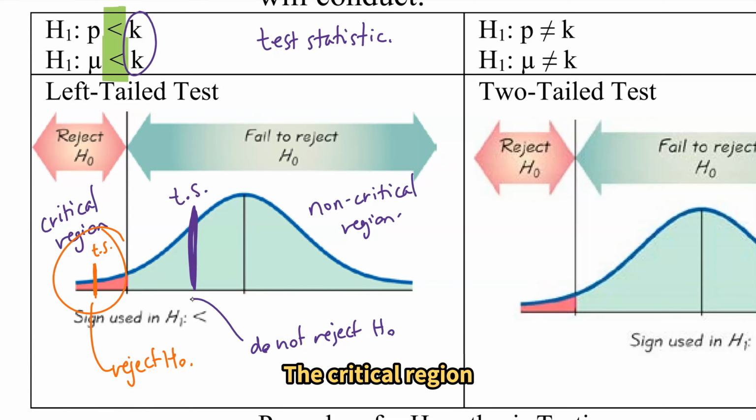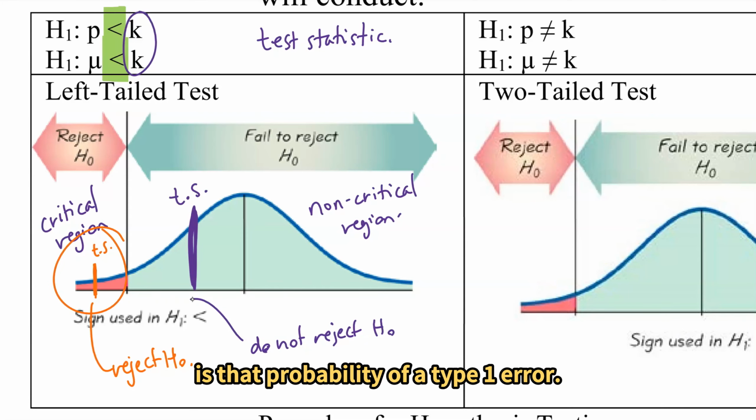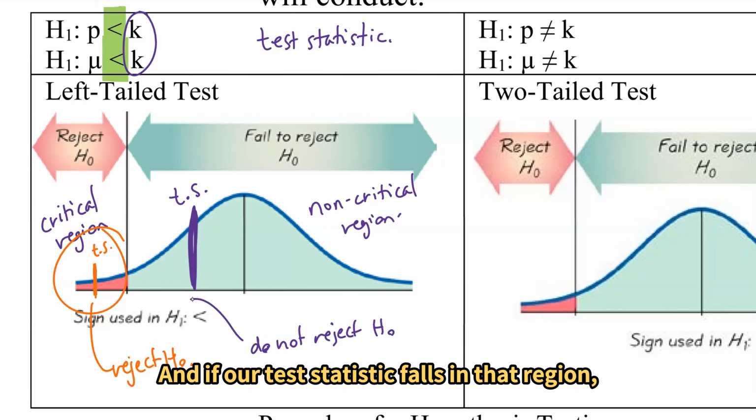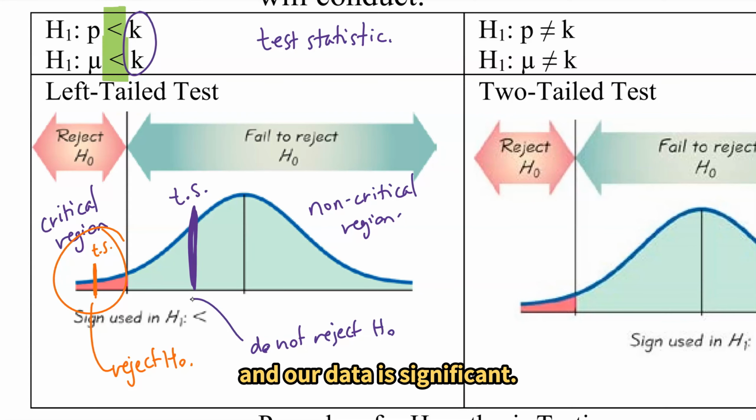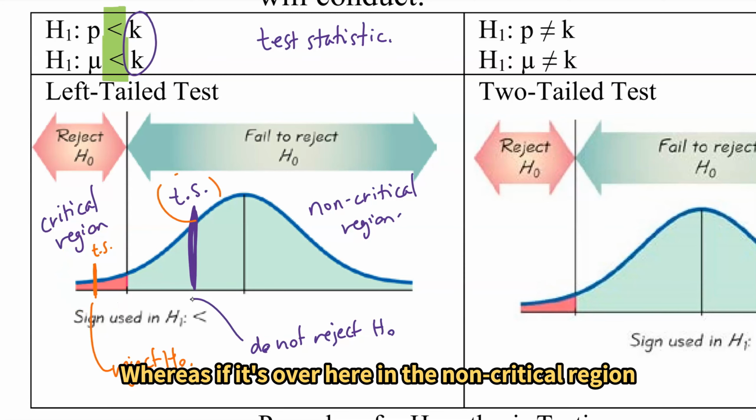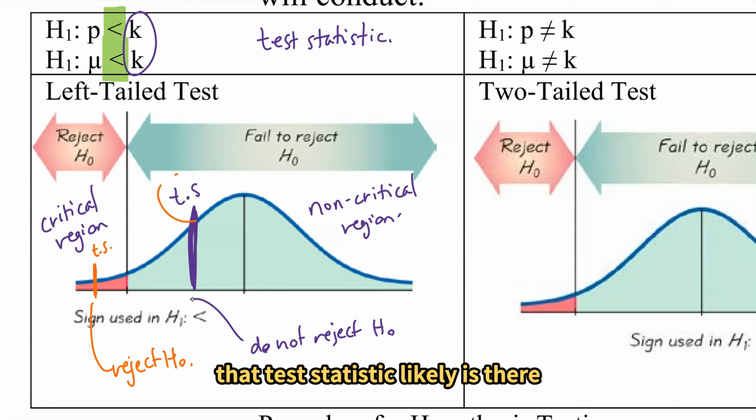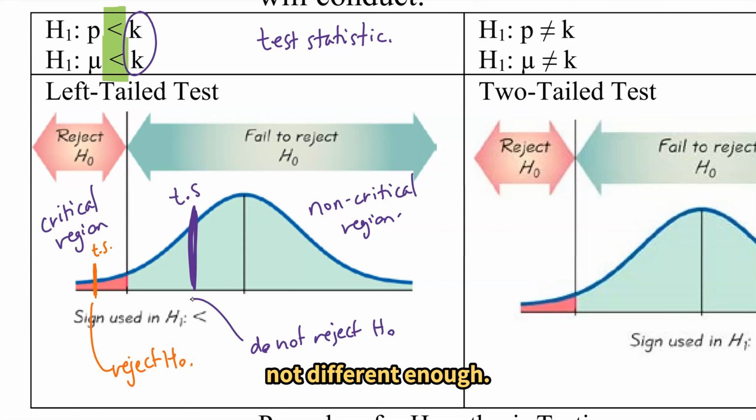The critical region is that probability of a type 1 error. And if our test statistic falls in that region, the differences between our null hypothesis and our data is significant. It's not really up to chance. Whereas if it's over here in the non-critical region, that test statistic likely is there because of chance. They're slightly different, but not different enough.